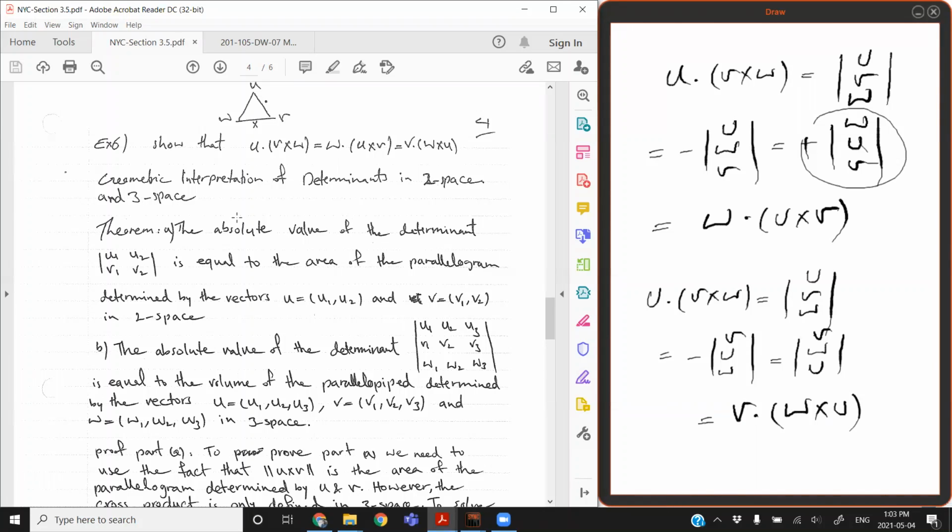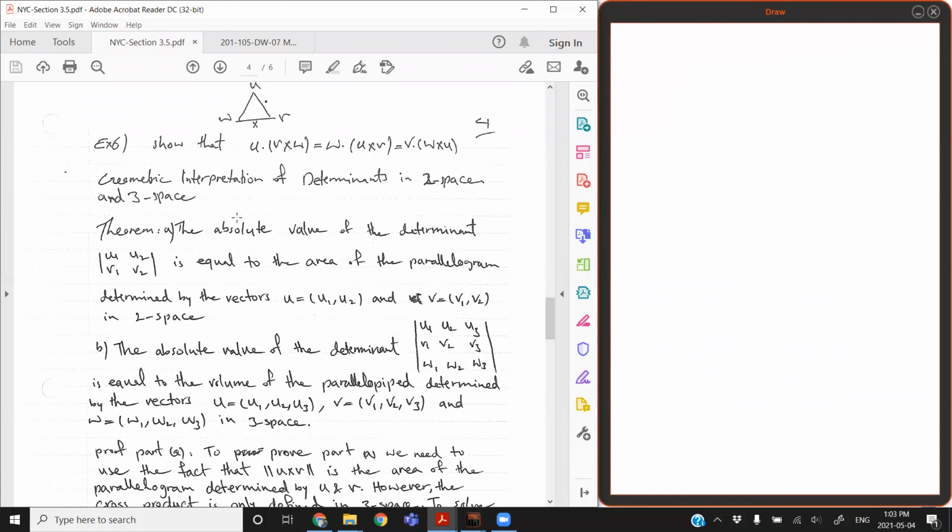I'm going to prove to you that if you're dealing with vectors in R2, so the determinant of a matrix like this, for example, V1, V2, U1, U2, is the same as the area of the parallelogram determined by these two vectors, the vector V, V1, V2, and the vector U, U1, U2. These are vectors from R2.